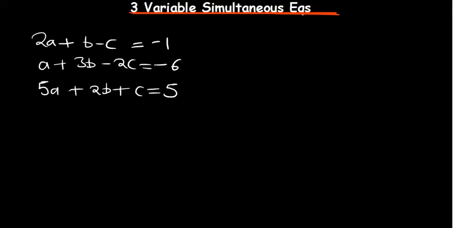So I'm first of all going to get the first two, okay, and just rewrite them. So we have 2a plus b minus c is equal to -1, and then we have a plus 3b minus 2c is equal to -6. I can actually do it twice, right?